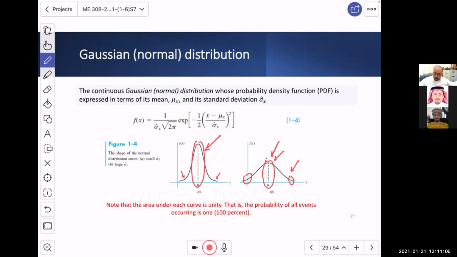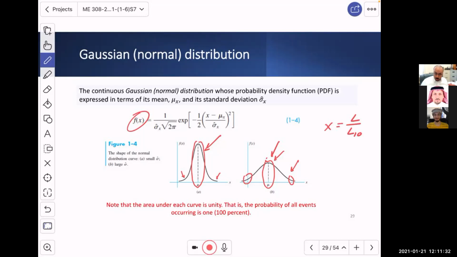Now, what is the probability density function? It is f(x). X here is the dimensionless life measure. If you recall, we said that x equals L over L10. L10 is the rated life. L is the expected life of a certain variable, right?